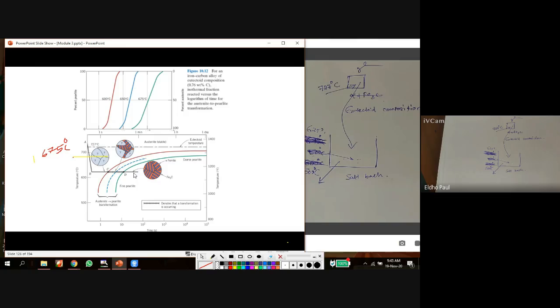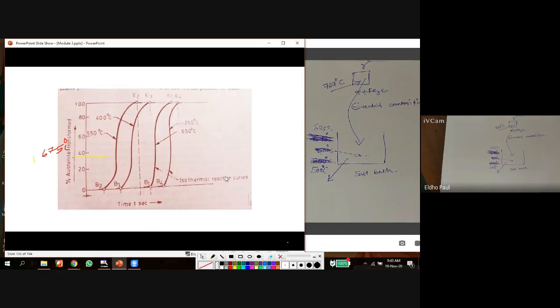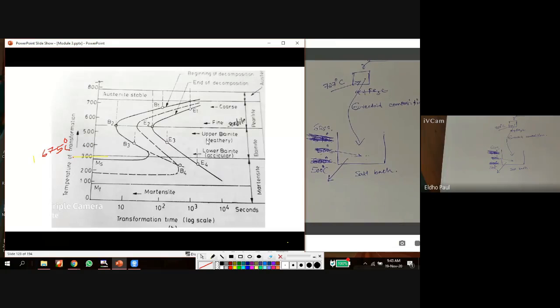So the grain size will be very large, or the grain boundaries will be few, resulting in coarse pearlite. So in this range, the final resulting solid is a coarse pearlite structure. In the range 600 to 700, coarse pearlite is formed.